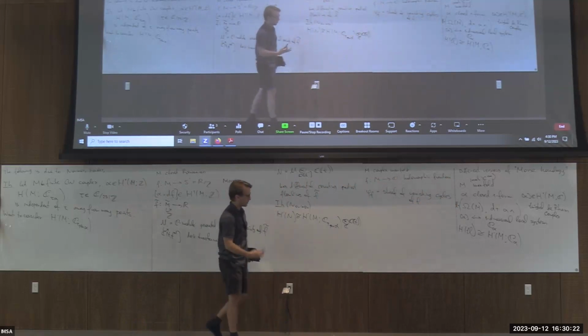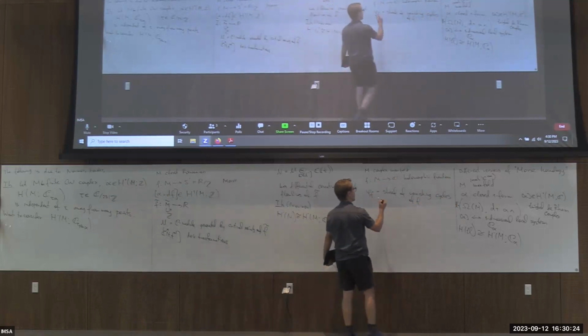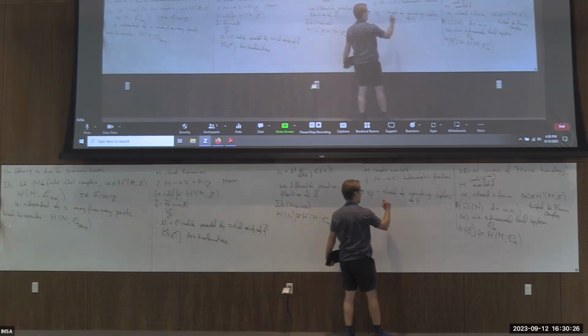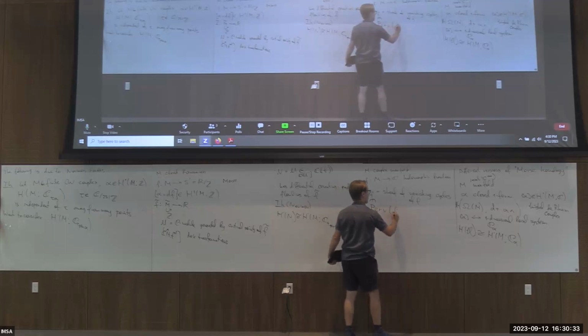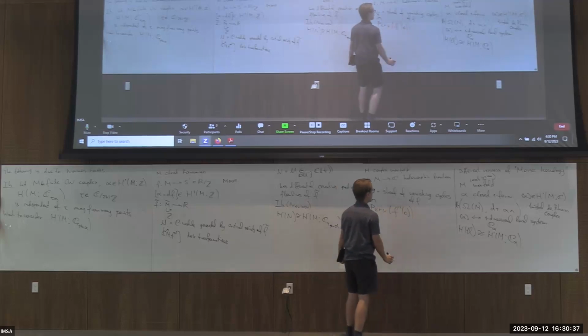So this is actually a complex of sheaves. We can confirm that. So this is actually a perverse sheaf on the zero locus.